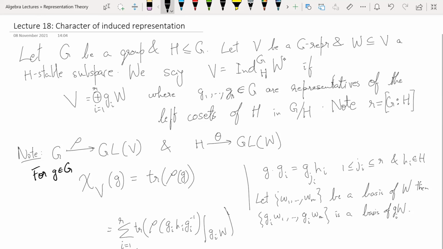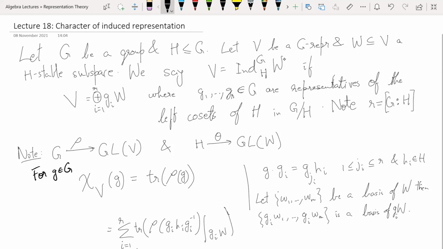This is similar to how we were giving this direct construction. So how will g act on g_i W? g dot g_i W will be one of these g_j W, and which g_j will depend upon where g dot g_i lies, which left coset it is.